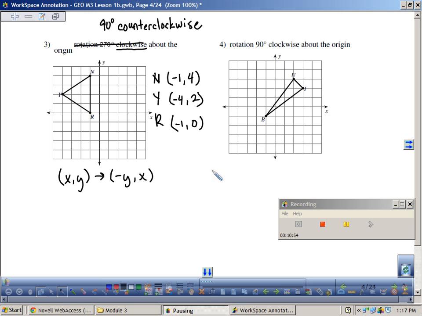If I went, wait, hold on a second. If you go 270 clockwise, that's the same as 90 counterclockwise. Because -x, -y is going 270 counterclockwise.